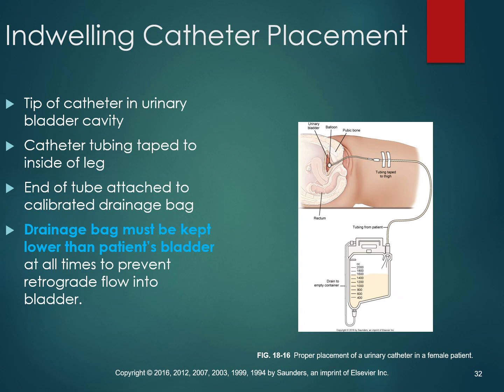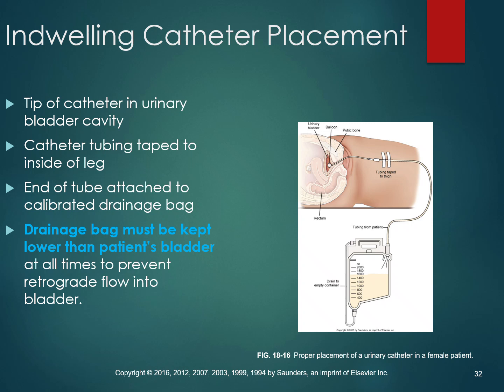And this is very, very important. Just like the chest tubes, the container for the chest tube has to be below the level of the chest. These drainage bags must be kept lower than the patient's bladder at all times. And why? They work off of gravity. You don't want to lift that bag higher than the level of the bladder, because the bag itself is working by means of gravity.